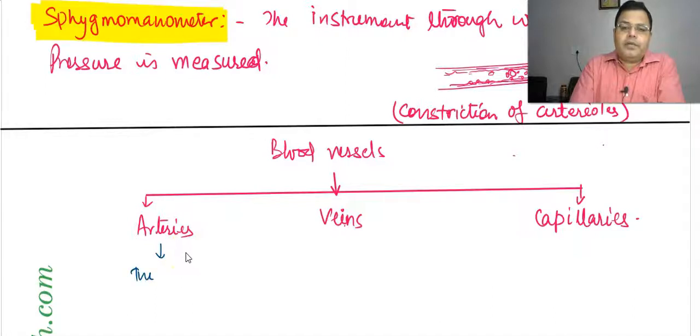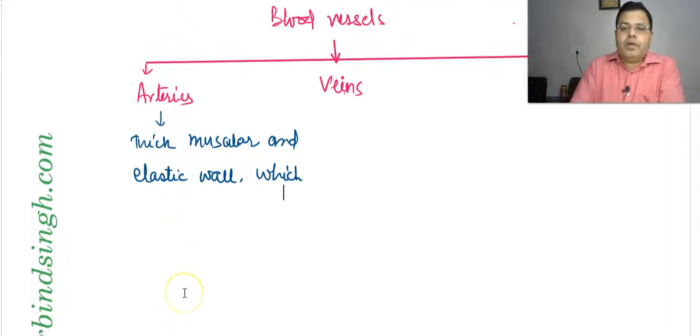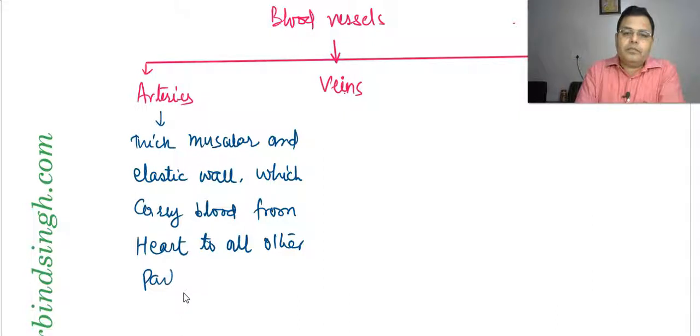Arteries have thick, muscular and elastic walls, which carry or transport blood from the heart to all other parts of the body.